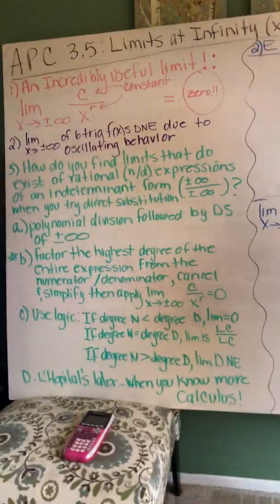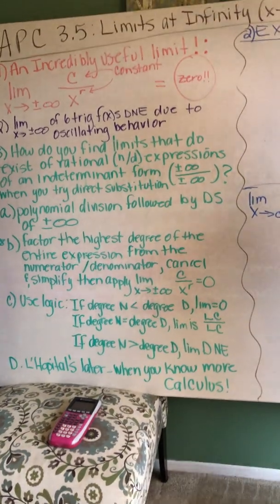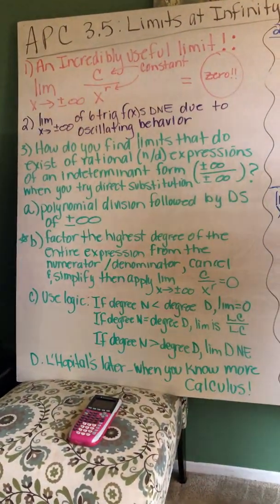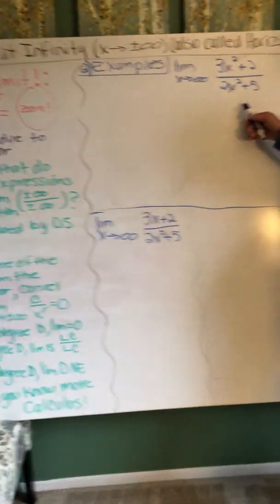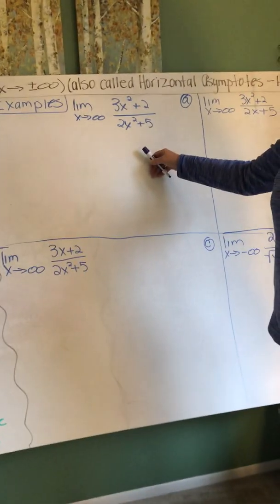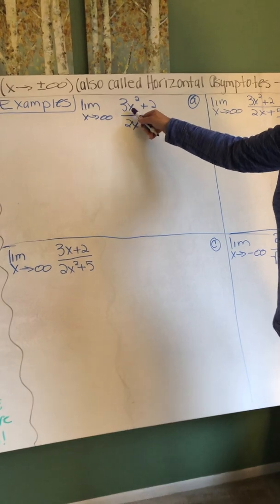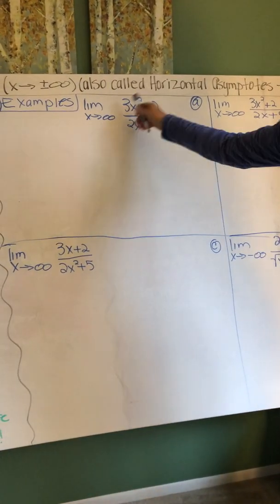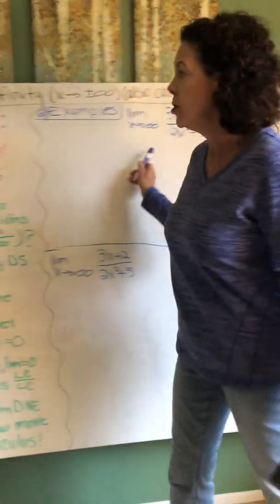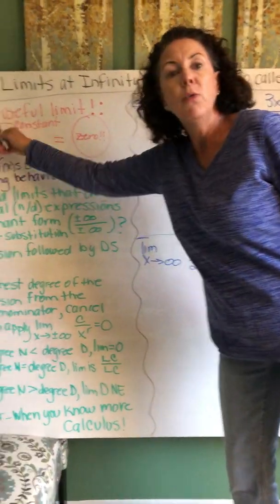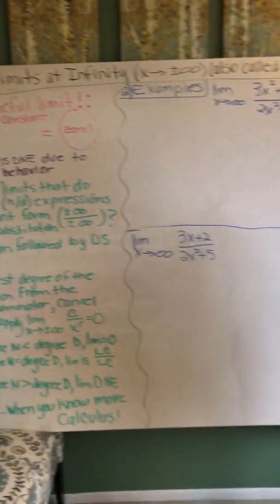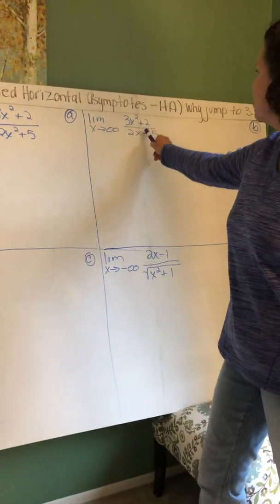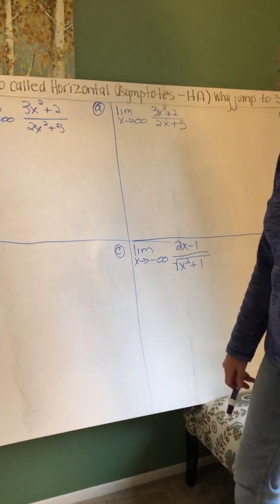A, we could use polynomial division followed by direct substitution of positive or negative infinity. Notice that that would work really well here to do polynomial division, right? Pretty well. We could divide 3x squared plus 2 by 2x squared plus 5 and try direct substitution as x approaches infinity. We'll be seeing this limit here, right? Notice that would work really well on B, 3x squared plus 2 divided by 2x plus 5, right?